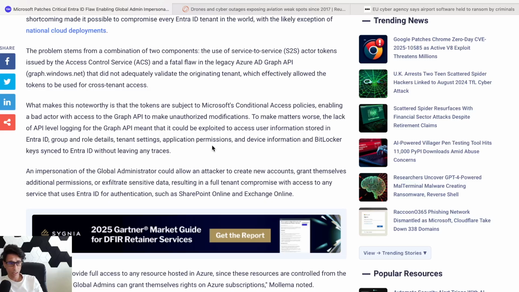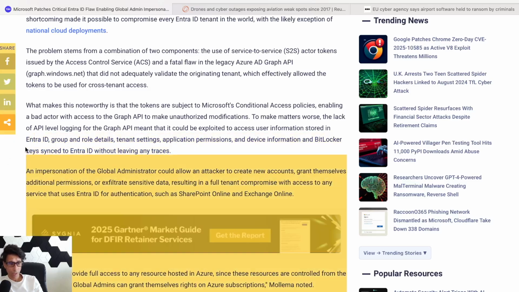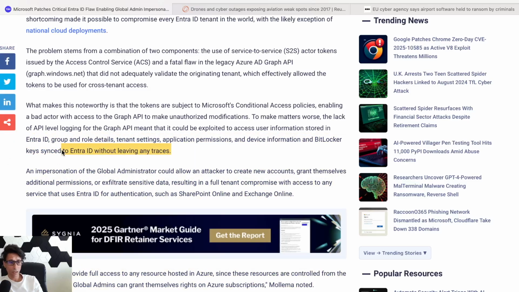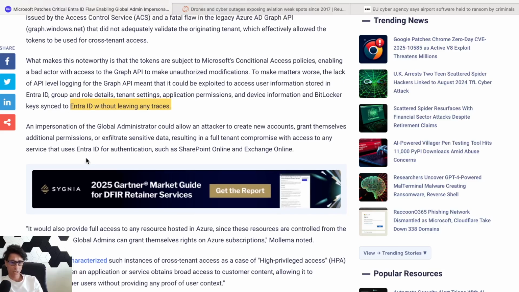It's also mentioned that there are little to no details left behind. So the information related to the attack itself is not easy to find.